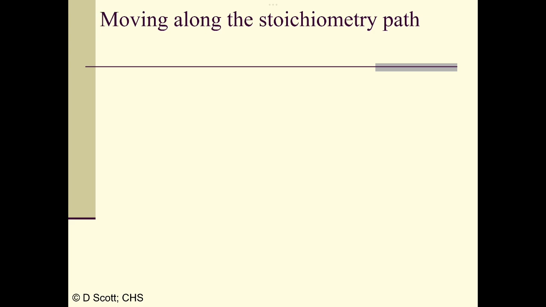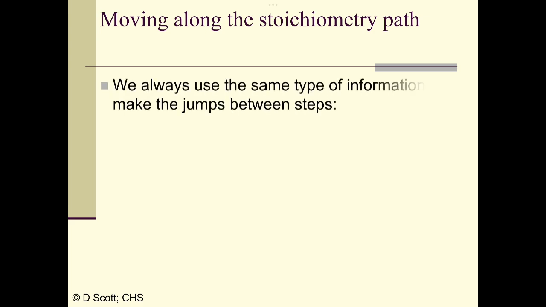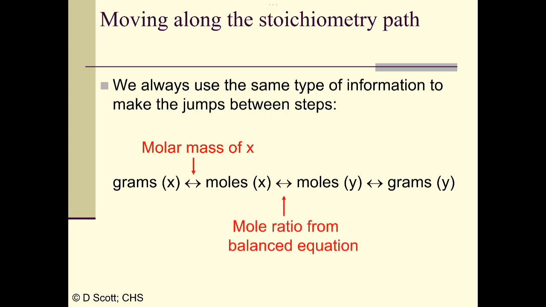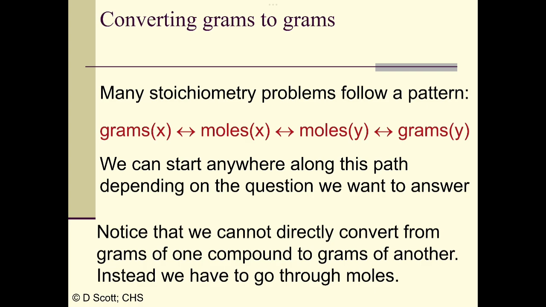Now, moving along the stoichiometry path, we always use the same type of information to make the jumps between steps. So, grams to moles, then moles to grams. So, the molar mass of X, the mole ratio from the balanced equation, and the molar mass of Y. So in here, we can start anywhere along this path depending on the question we want to answer.